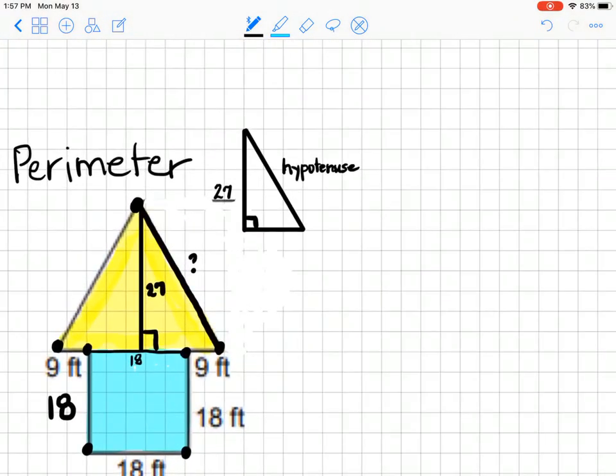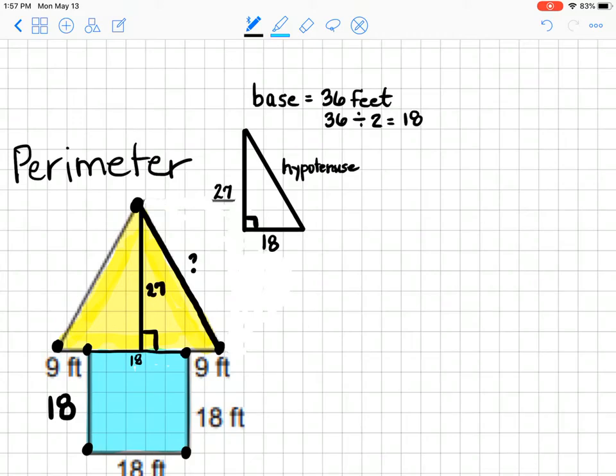So we know that this is half of that 36. If the base is 36 feet, if I go ahead and divide that 36 by 2, cut the base in half, I would get 18, and that's going to be this dimension right there. And that's half of our whole base.